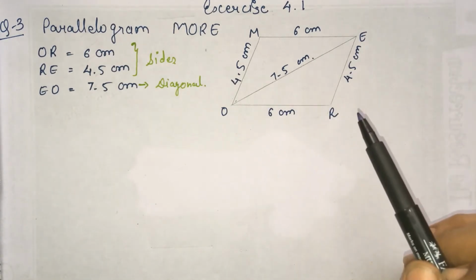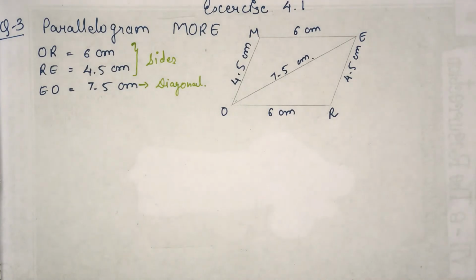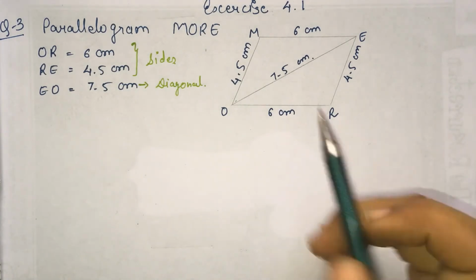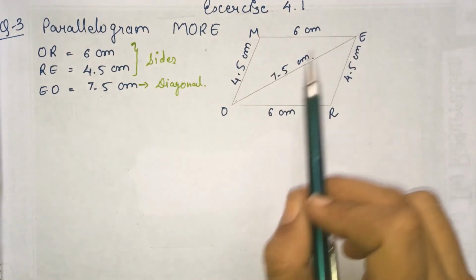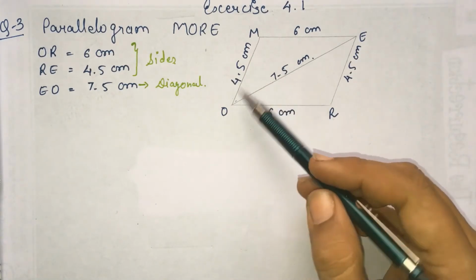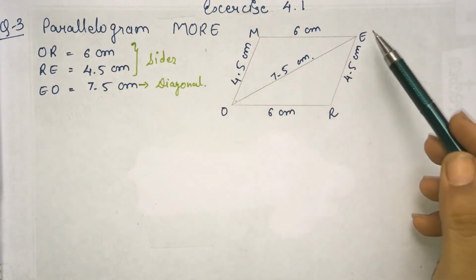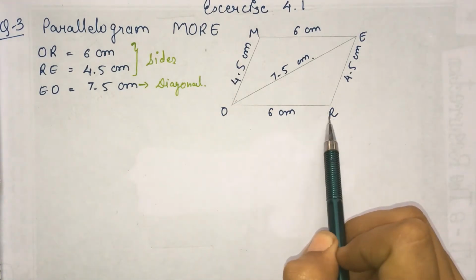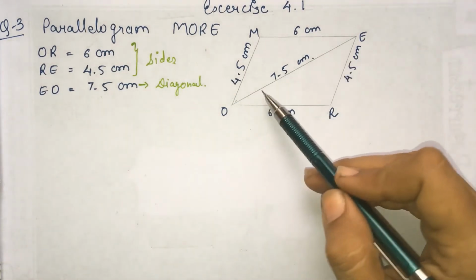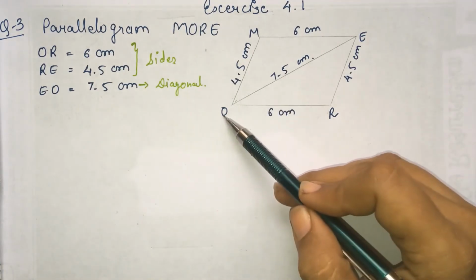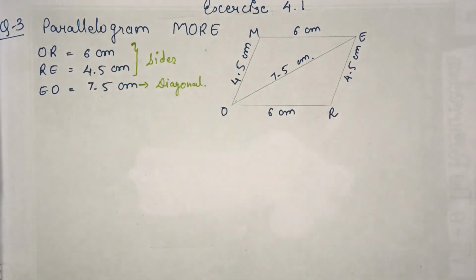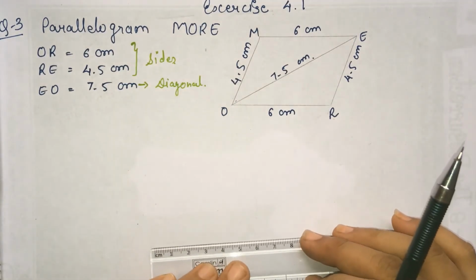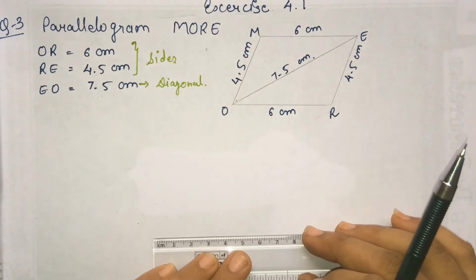So now again, starting with any of the side, we can start with ME, we can start with OR, or we can also start with MO or RE. Here I am starting with OR, where first we will construct this triangle ORE. So first we'll draw OR, which is 6 centimeter.